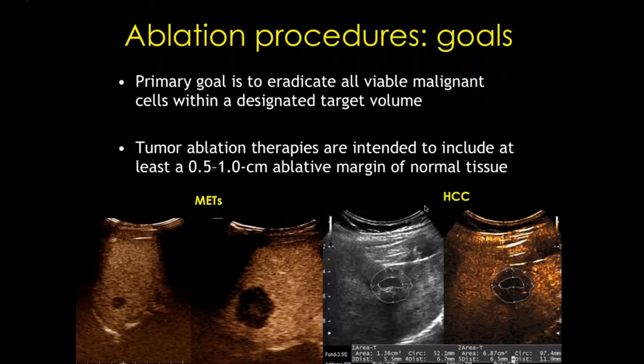The primary goal of the ablation procedure is to destroy all viable malignant tissue, including at least 0.5 centimeters for HCC and 1 centimeter for metastasis of ablative margins of normal tissue, to obtain safety margins and reduce the possibility of recurrence.